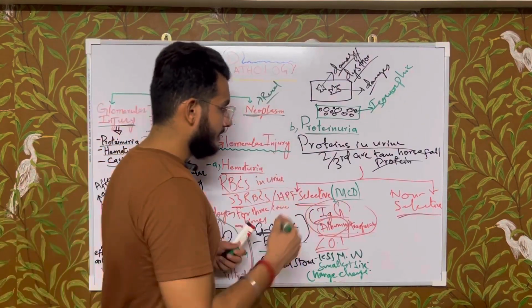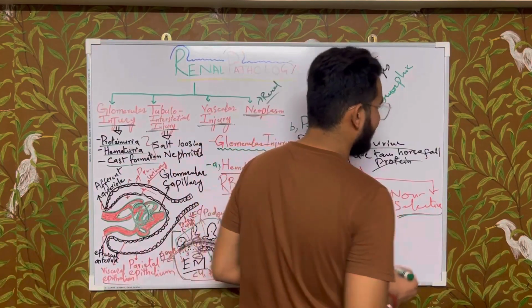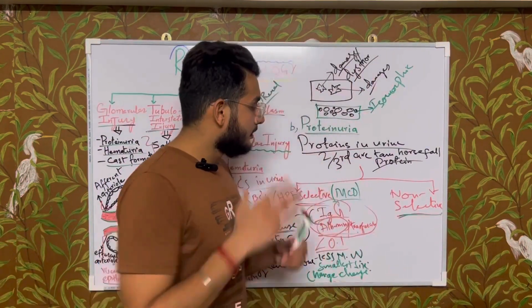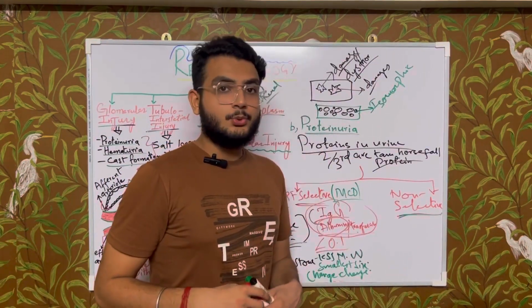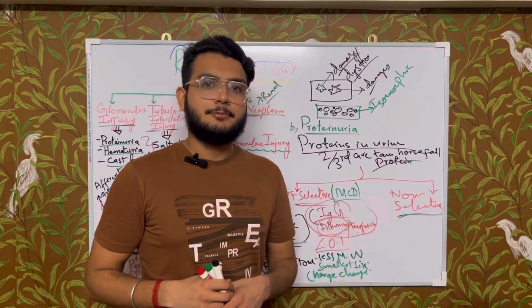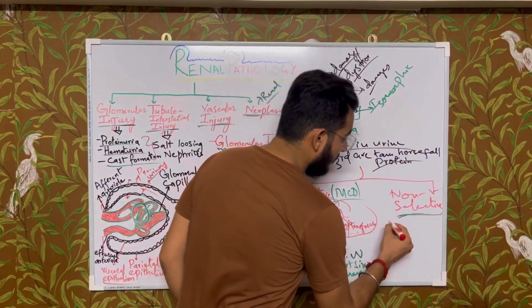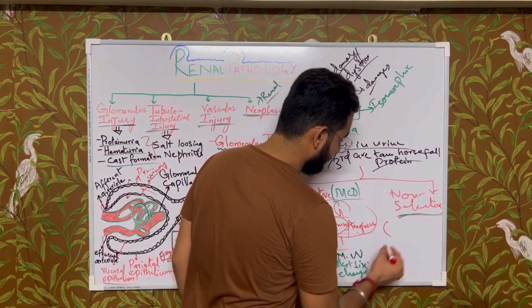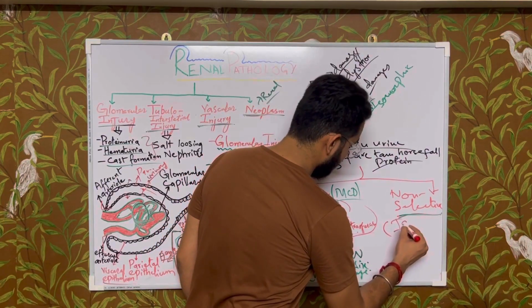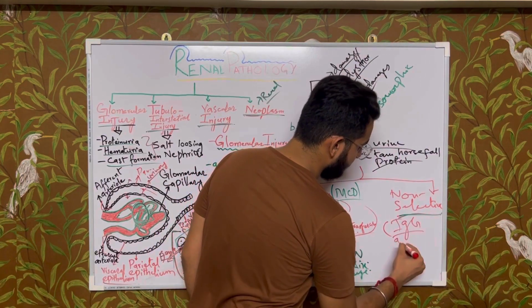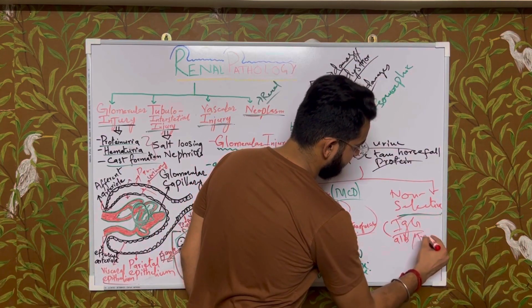Now let's talk about non-selective proteinuria. On what basis could we say that a patient has non-selective proteinuria? The same scenario here also, on the basis of the clearance ratio of IgG to albumin or transferrin.